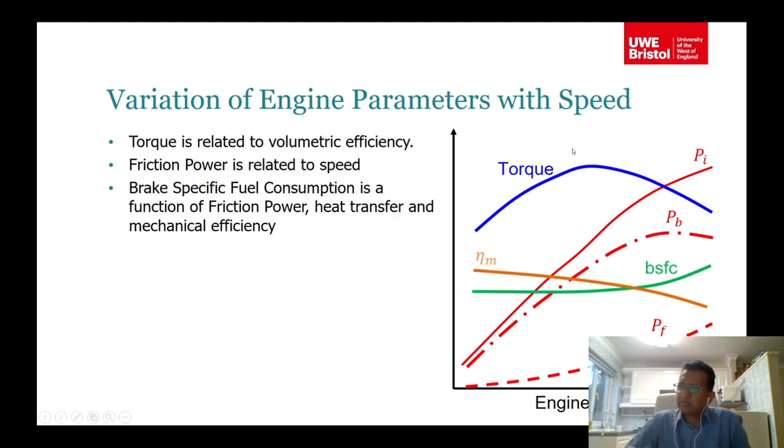Therefore, you have a maximum torque line at a certain speed, and then the efficiencies go down and your losses go up. Therefore, it will come down. So you will get the maximum torque at a certain RPM. If you put your foot down, if you sit on the throttle, it won't give you the maximum torque all the time.